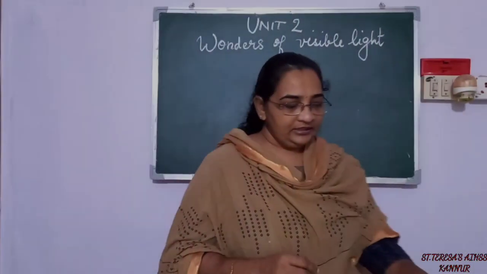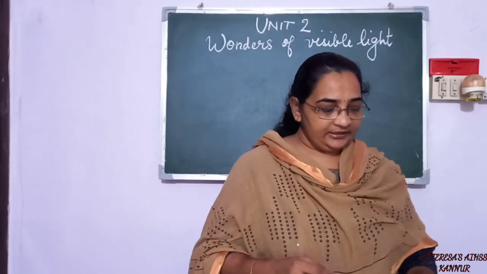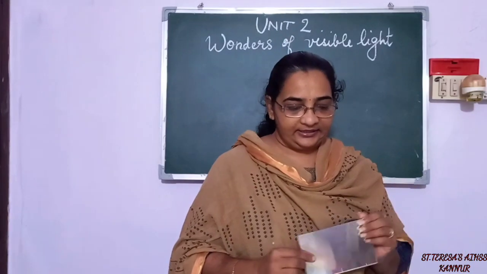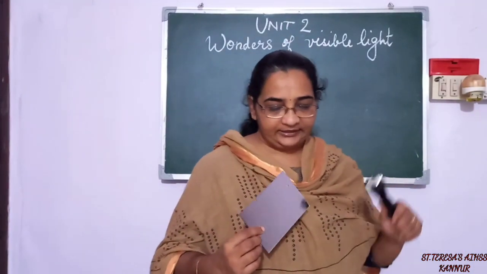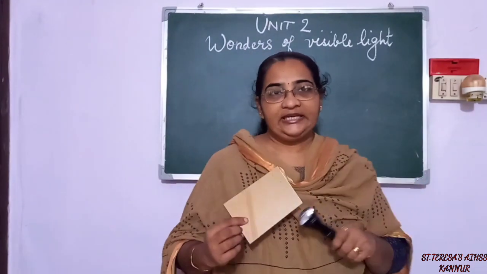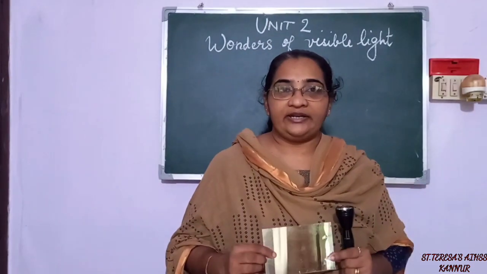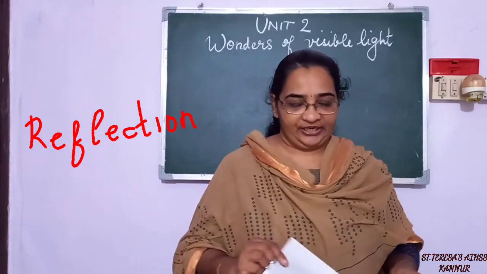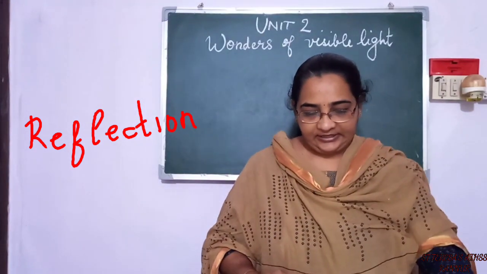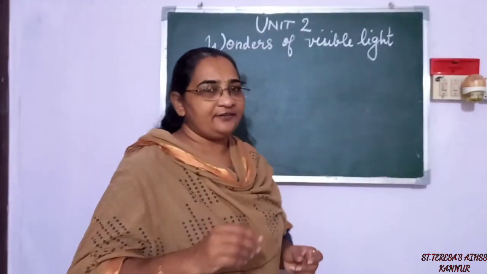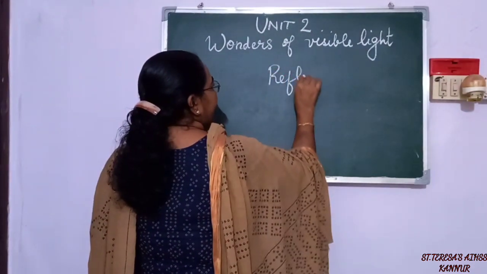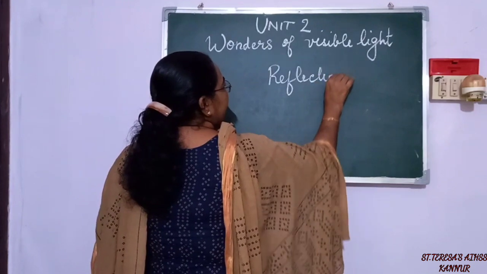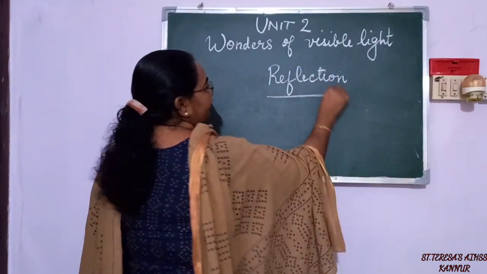Now here, when I was focusing the light onto the mirror with the torch, we saw that the light falls on a surface and returns. This phenomenon is called reflection.